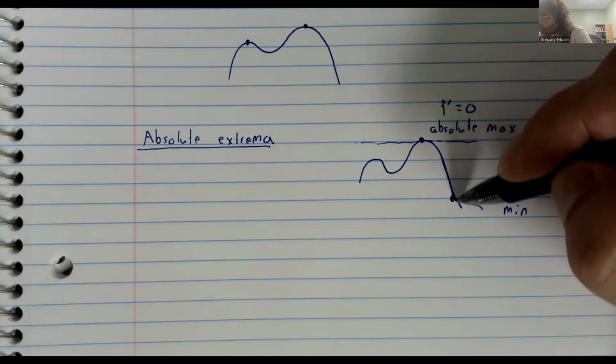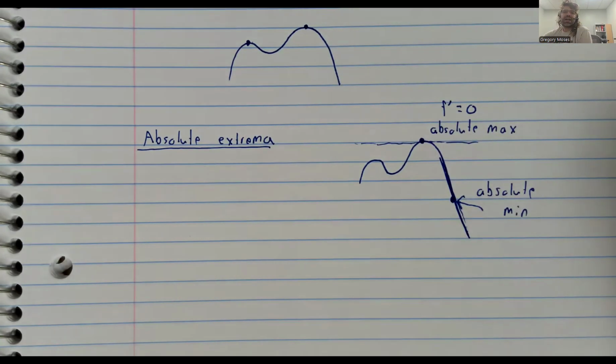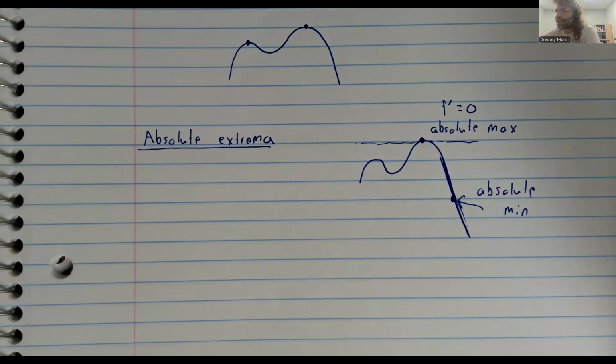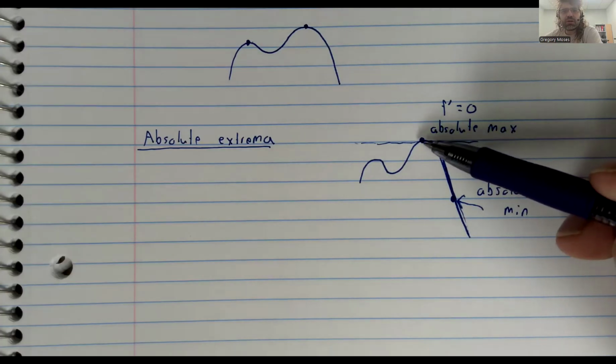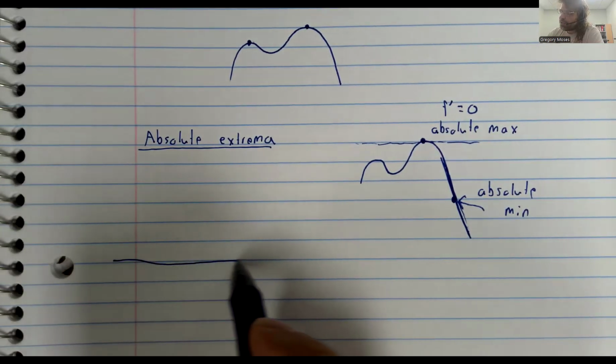The derivative is not 0. Whatever the slope of this tangent line is, it is not 0. So finding absolute extrema requires a little thought because they're not always local extrema and they don't have to occur at critical values. Again, the absolute max did occur at a critical value, but the absolute min didn't.